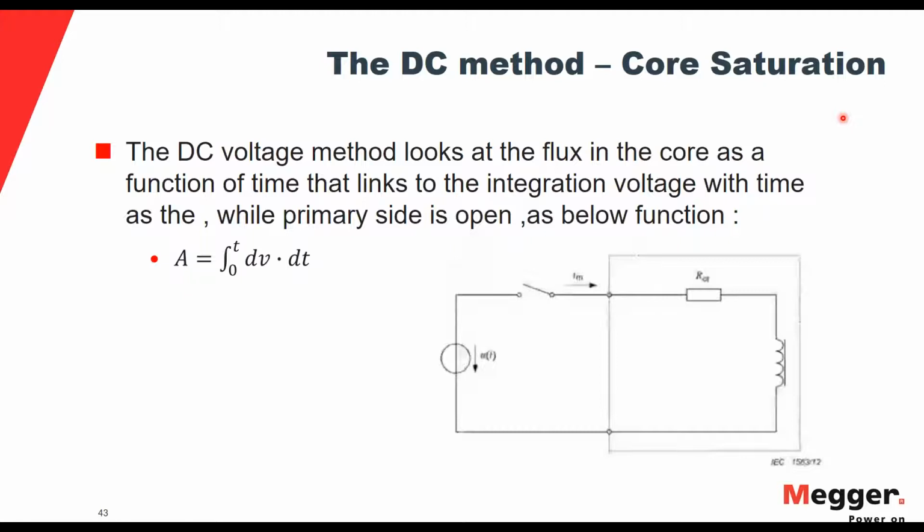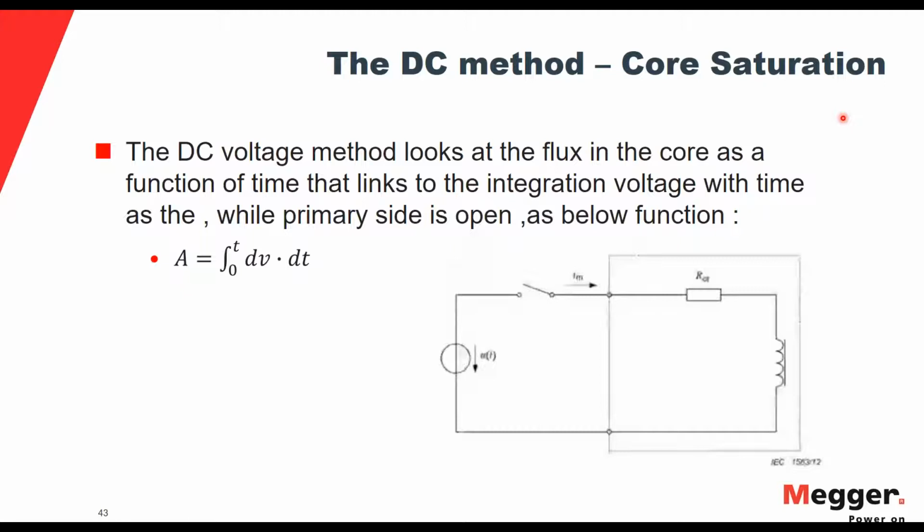It gives you a safer way, and also gives you the ability to test very high voltage saturation CTs, especially the transient TPX, TPY, TPZ CTs, at a very high voltage using a very low voltage to get that saturation value.